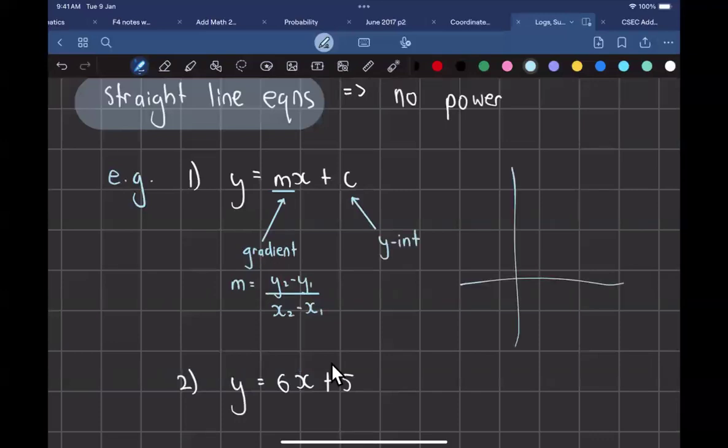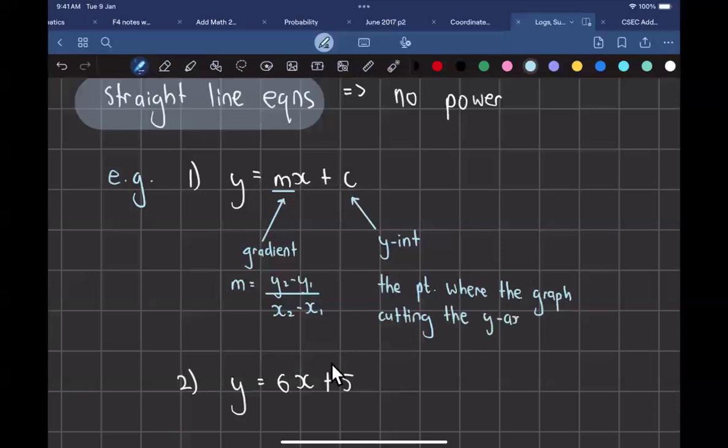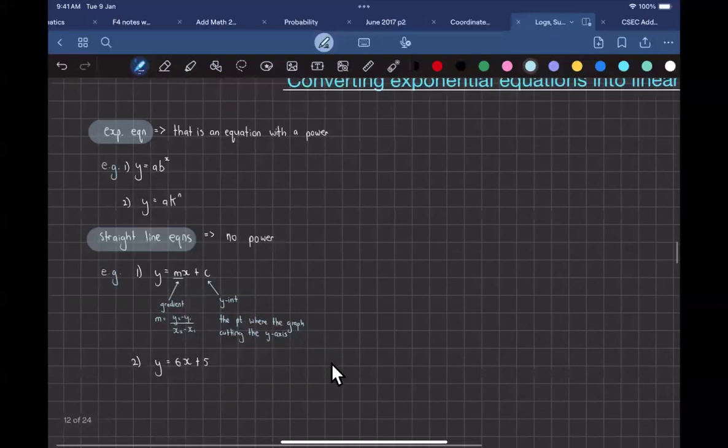Imagine you have a graph, wherever the graph cuts the y-axis, that's the y-intercept. Or say you have a line like that, that's the y-intercept. You understand? Right, so copy that down if you need to.